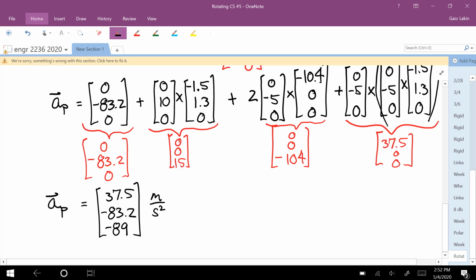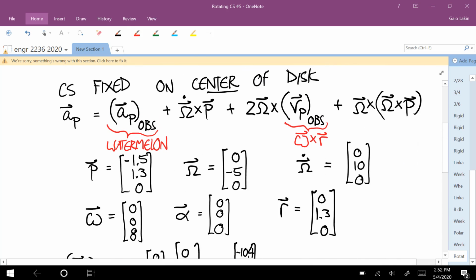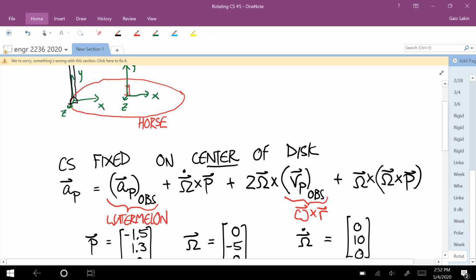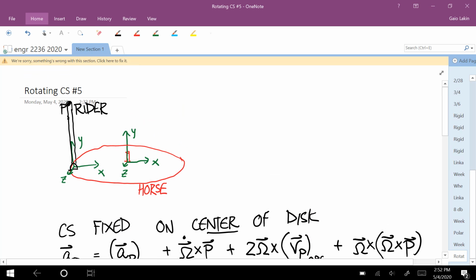All right, so that's the answer using the simpler probably of the two coordinate systems. But now we have to do the same thing, and these answers have to match if you do it right. We're going to do the calculation where the origin is moved over to the base of that arm, moved over to the hinge.